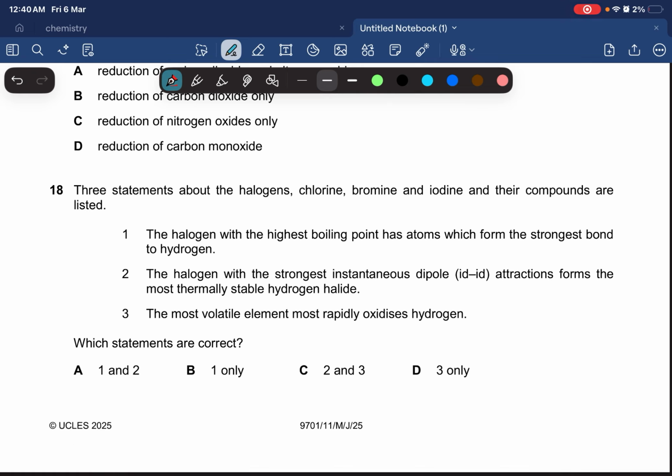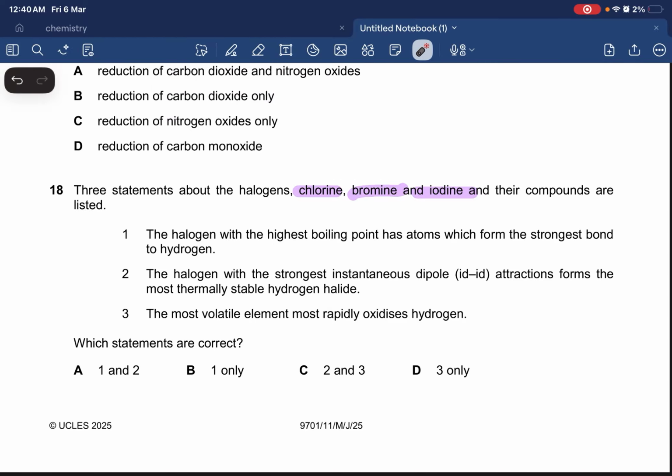3 statements about halogens: chlorine, bromine, and iodine and their compounds are listed. The halogen with the highest boiling point has atoms which form the strongest bond to hydrogen. The highest boiling point is of iodine, but it forms the weakest bond with hydrogen. The highest boiling point is going to have the most electrons, because over here we have induced dipoles, temporary dipoles that depend on the electron number. The halogen with the strongest instantaneous dipole forms the most thermally stable hydrogen halide.